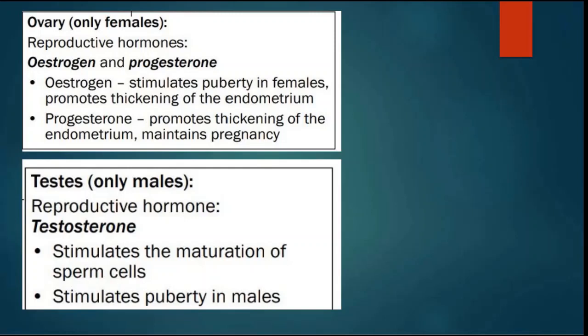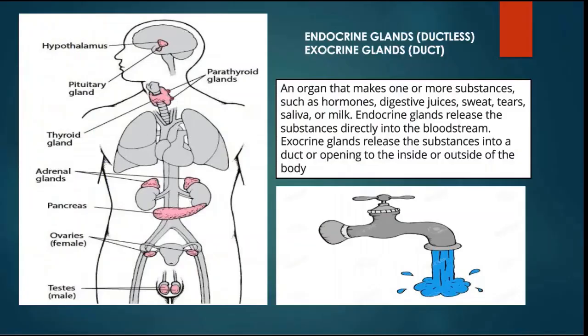So let's look at the testes. The testes is also a gland which secretes a reproductive hormone, which is testosterone only. What's the function of testosterone? Testosterone stimulates the maturation of the sperm cells. It also stimulates puberty in males.